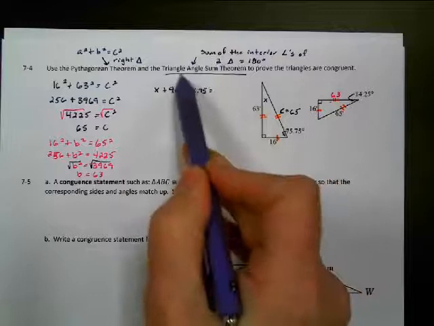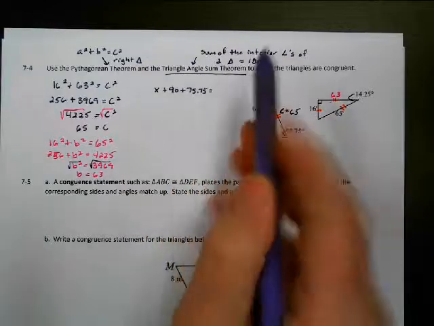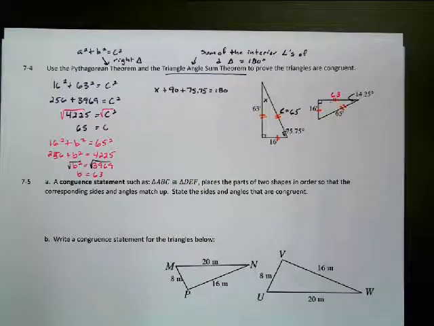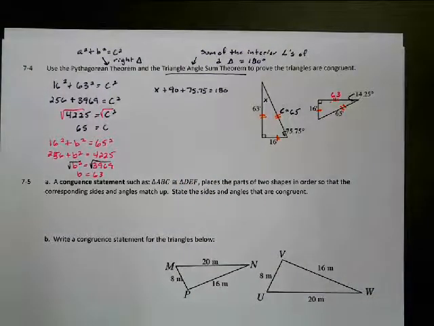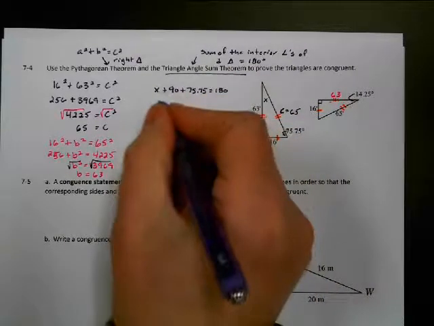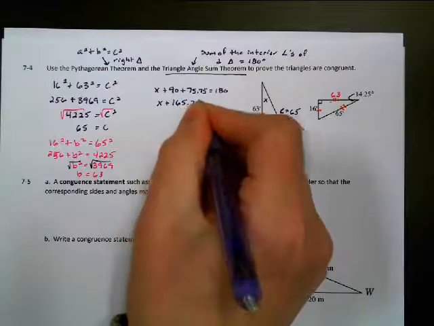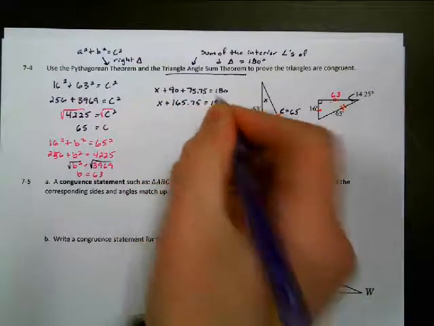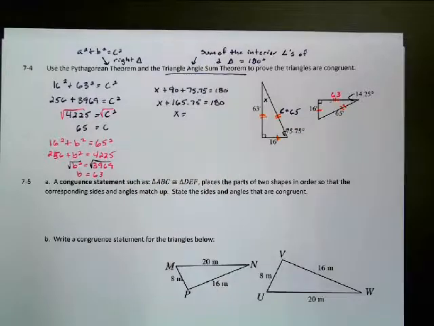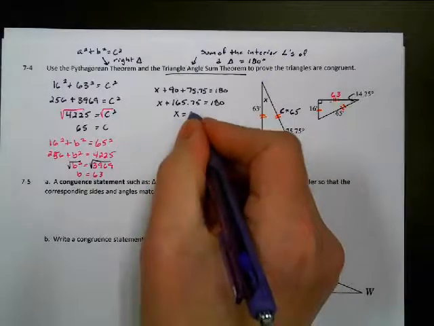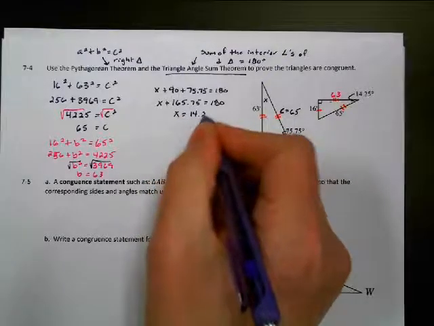So do 90 plus 75.75, and we get x plus 165.75 equals 180. We'll subtract 165.75 from both sides, and we get x is equal to 14.25. So we think that this angle right here should be 14.25.